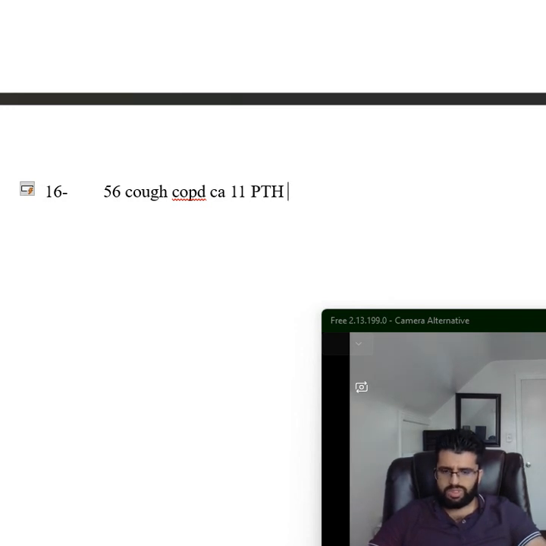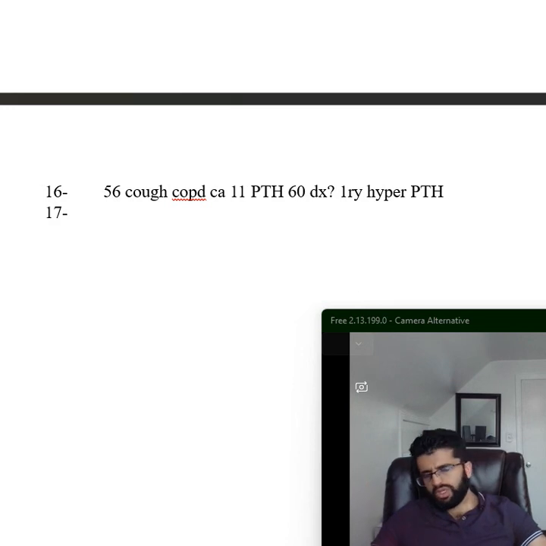Parathyroid hormone is 60. It's in the upper high normal, and they ask what's the diagnosis? This is primary hyperparathyroidism. It's easy because the parathyroid is in the higher normal. Normal is 10 to 65, so it's a little bit higher. So this is primary hyperparathyroidism.